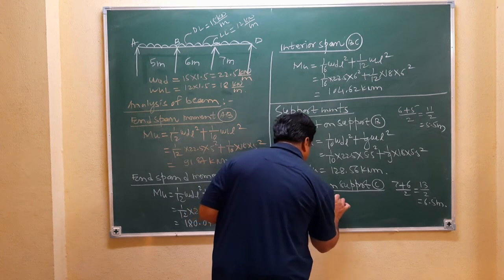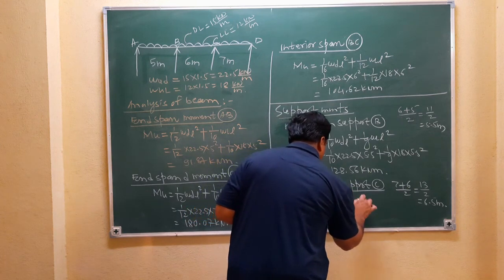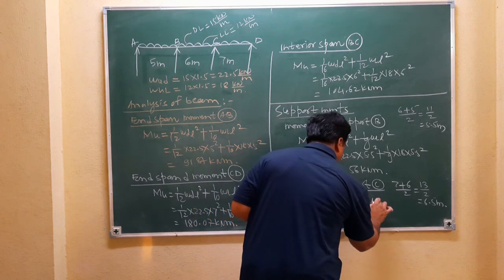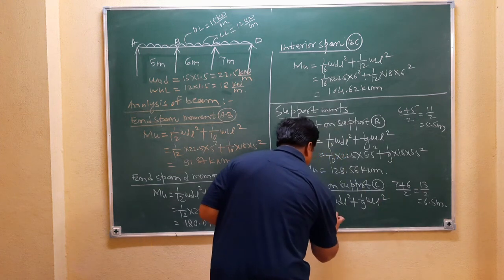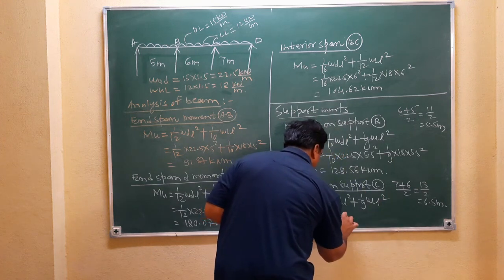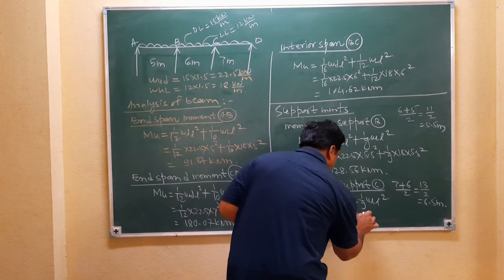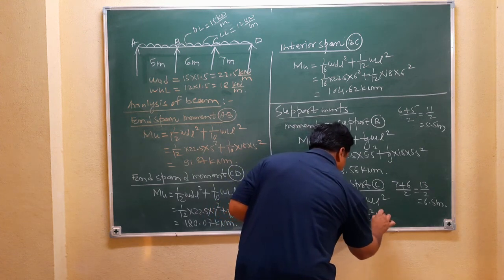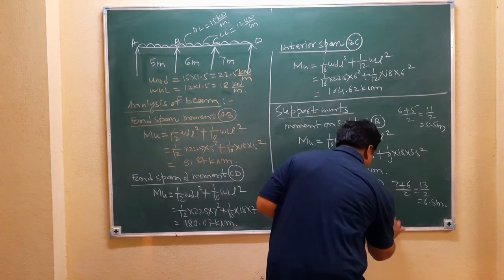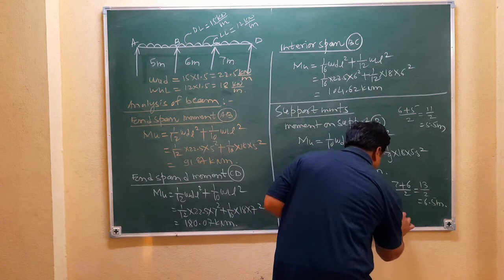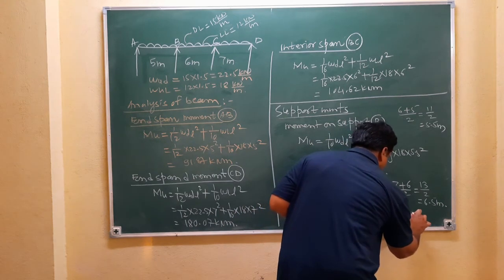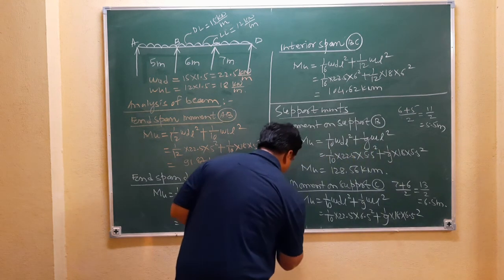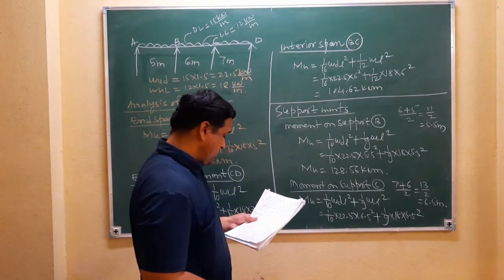It is 1 by 10 W dead L square plus 1 by 9 W live L square. So 1 by 10, dead load is 22.5 into 6.5 square, plus 1 by 9, live load is 18, 6.5 square. So now I want to write this value here.